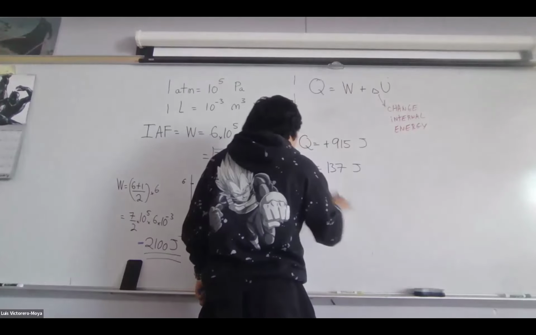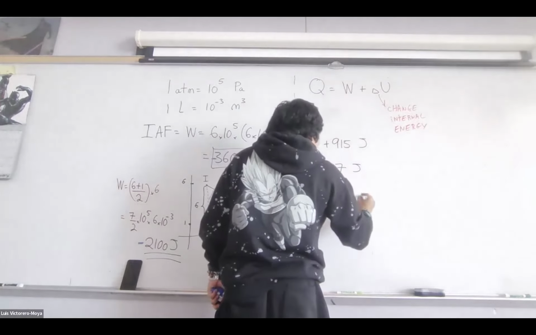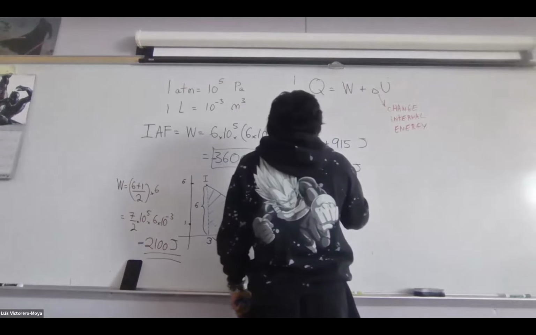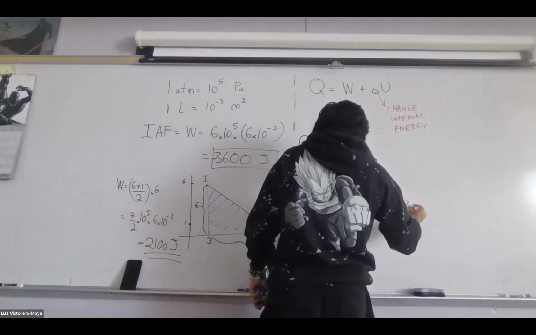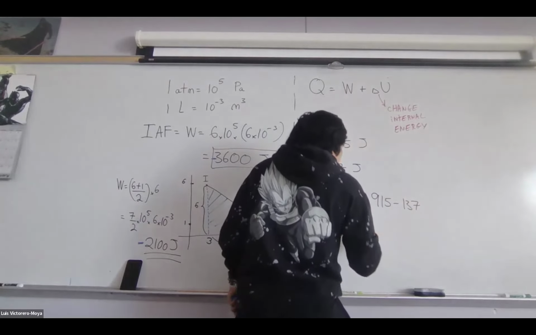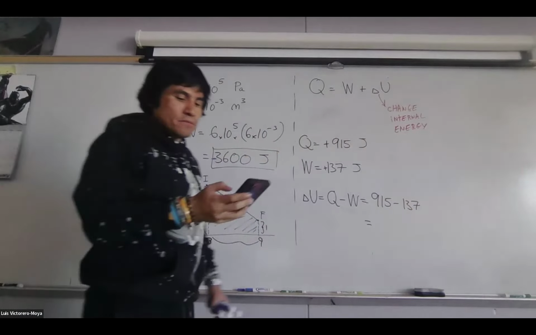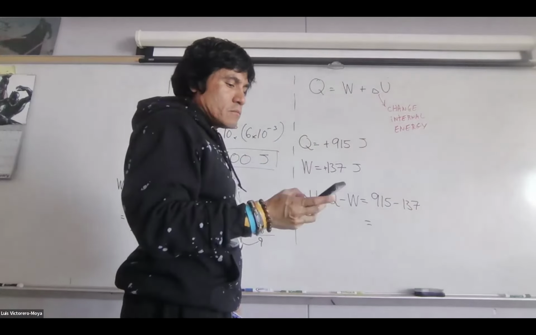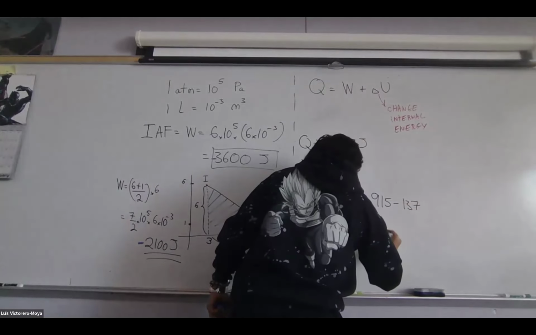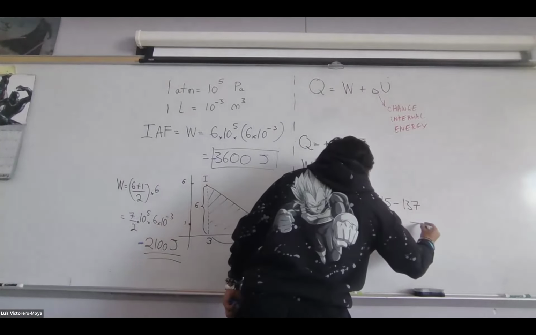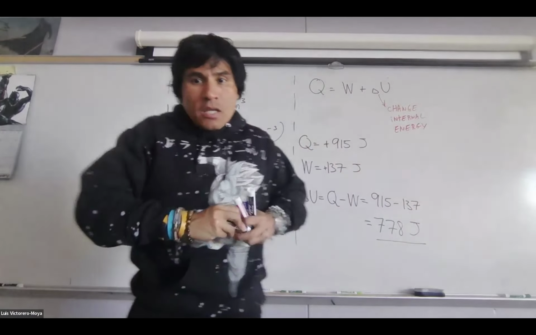So the delta U is Q minus W, 915 minus 137. Let's take a look. 778 joules. That's an easy question there. But there's a reason why they give the moles of argon.